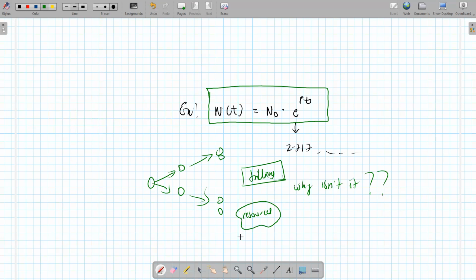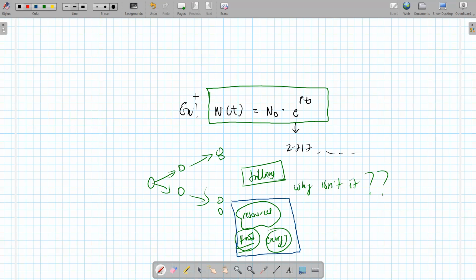By resources, I mean food and energy. They're going to need this to reproduce and grow. Do we have unlimited resources? No, we don't. They're bottlenecked. Bottleneck just means constrained by the fact that they don't have an unlimited amount of resources.